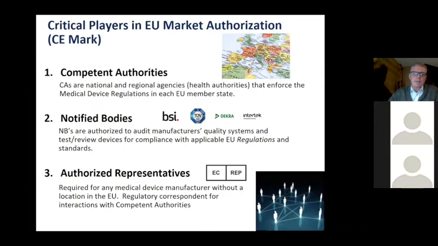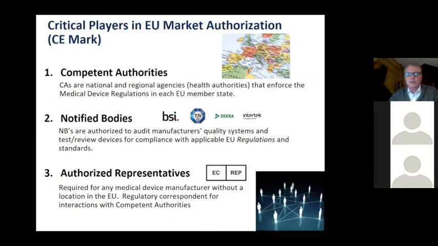I also want to talk about authorized representatives. If you're going to be interacting with a regulatory authority within Europe, you need to have an authorized European representative. If you do not have a location within Europe, if you don't have staff within Europe, then you would have to assign that to someone who may be a professional representative.